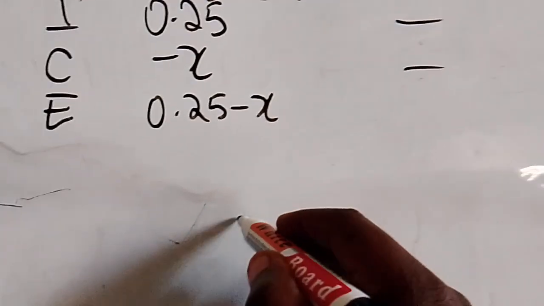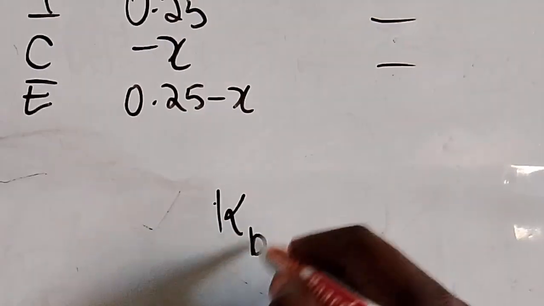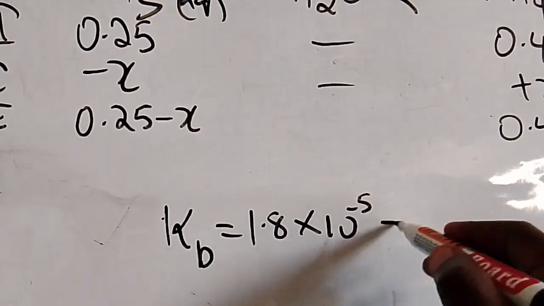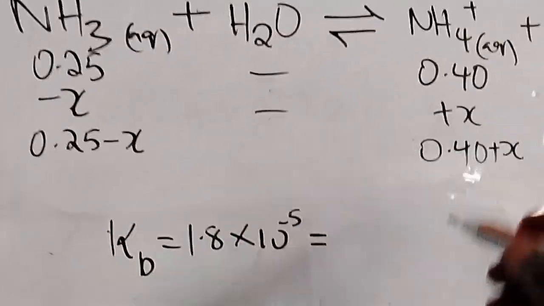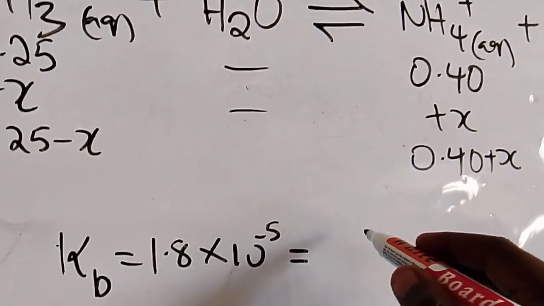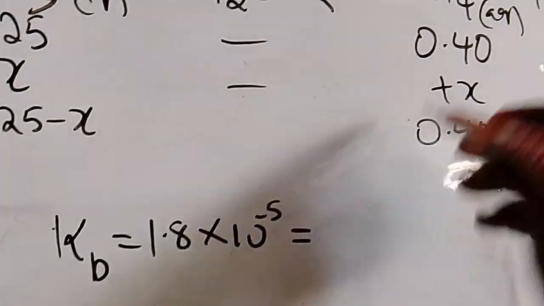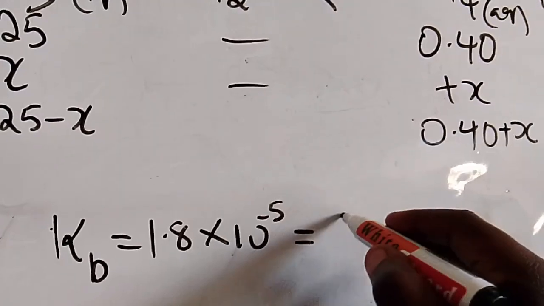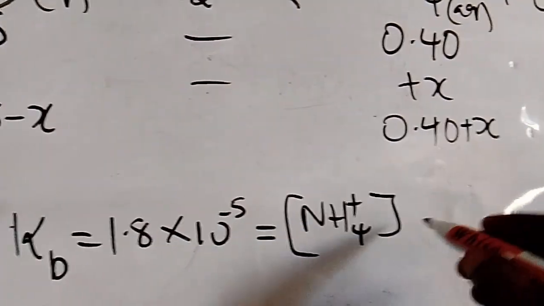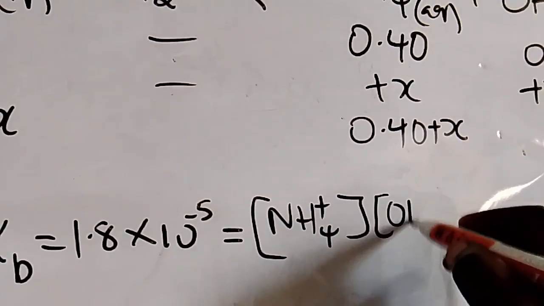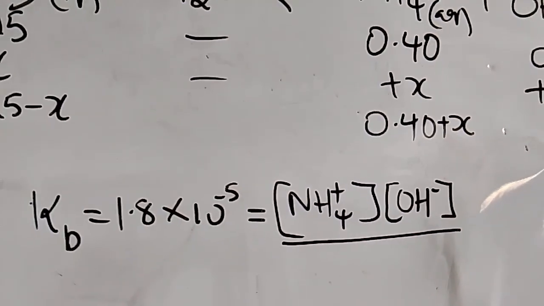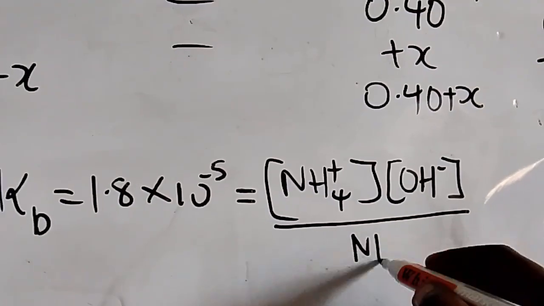Kb is equal to 1.8 times 10 to the power negative 5, which is equal to the concentration of ammonium ion times the concentration of hydroxide ion over the concentration of ammonia.